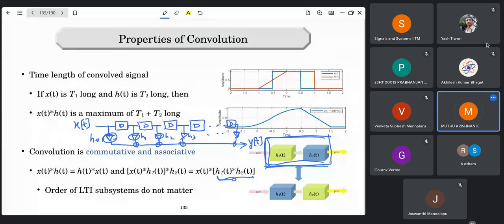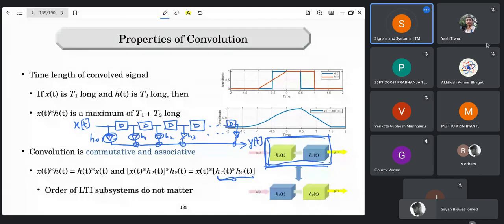Sir, if we say it as a memory, is it something like a flip-flop? A discrete LTI system you can probably model with a flip-flop, yes. Not for continuous; in the case of continuous time it will be like a capacitor.